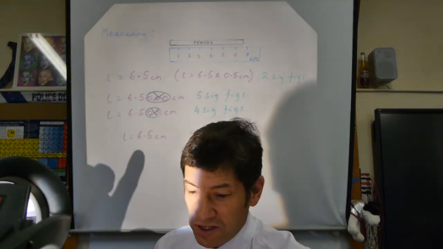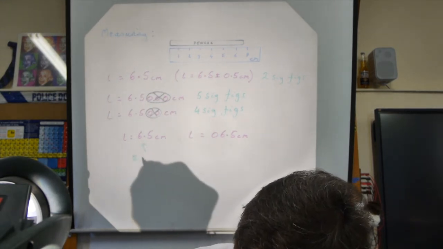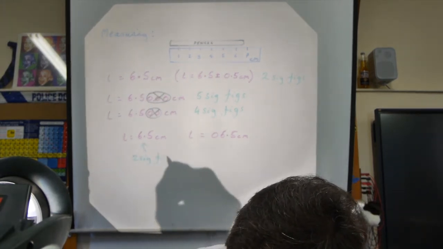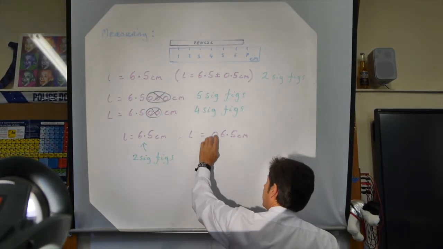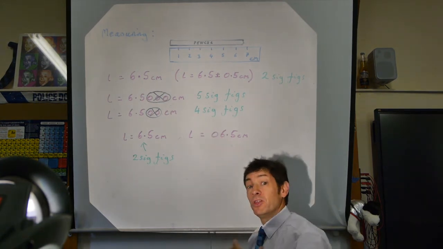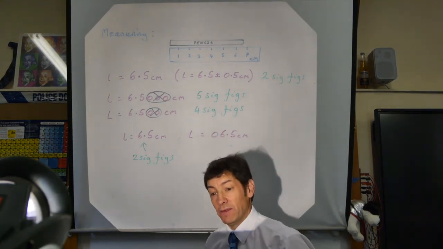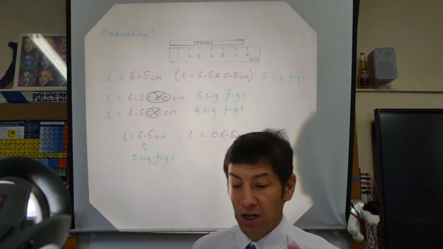You'll notice this one is here to 2 significant figures. And then we've got a 0 here, but that doesn't give us any information. This 6 is the number that begins to give us information about the measurement. So that 0 plays no part at all.